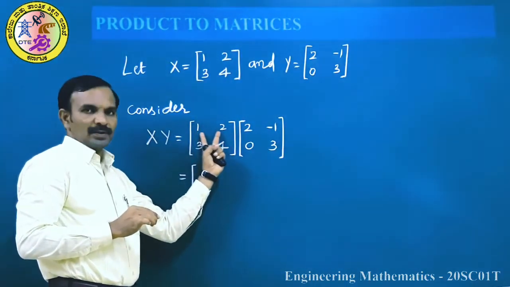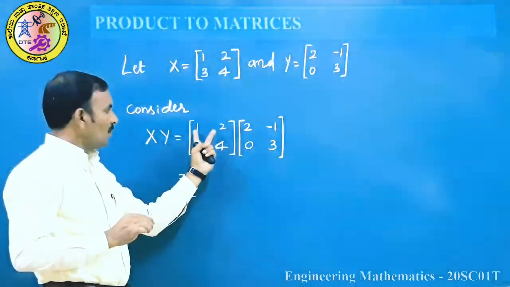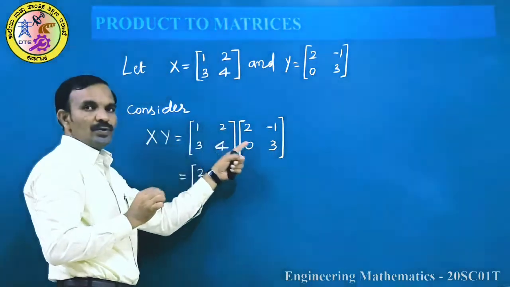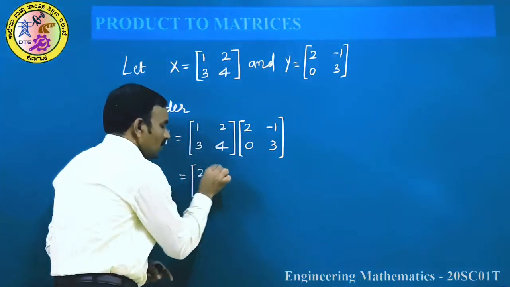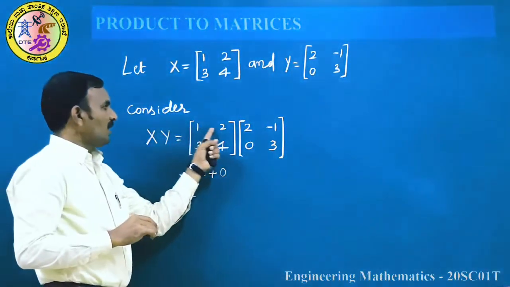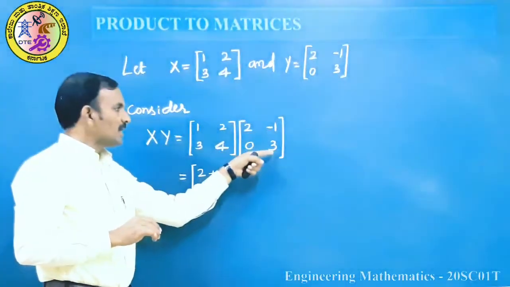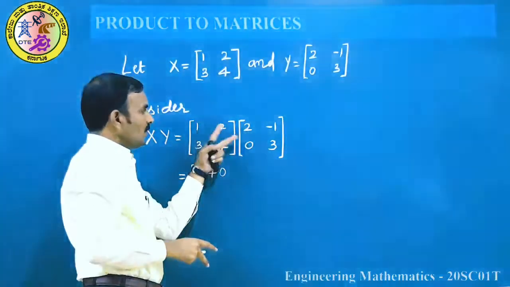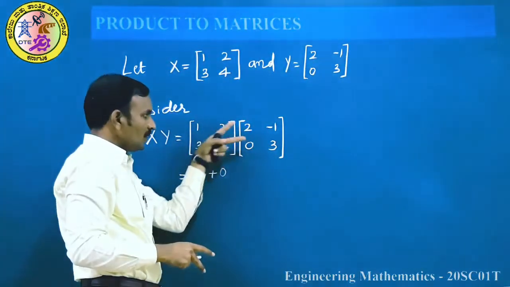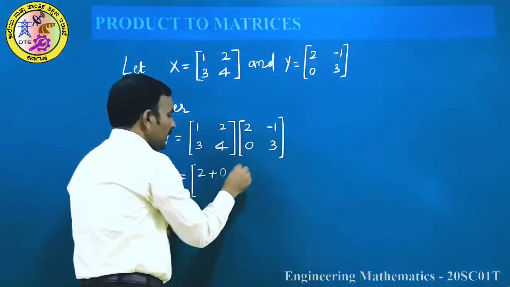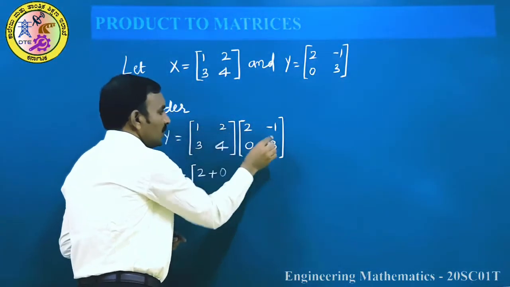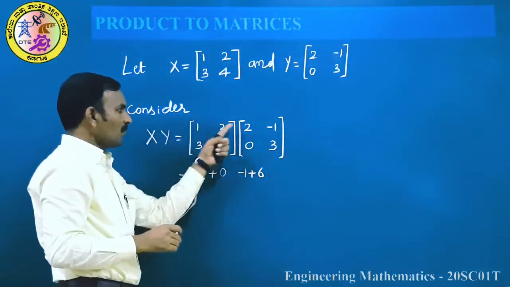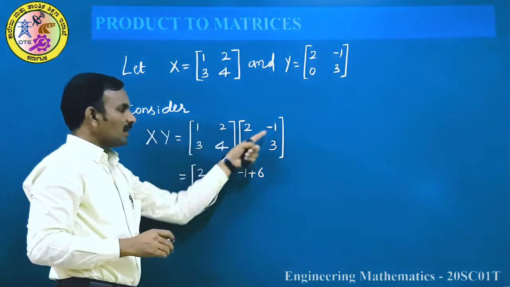The first row is 1, 2 and the first column is 2, 0. 1 into 2 is 2, 2 into 0 is 0, that is 2 plus 0. First row, second column: 1, 2 with -1, 3. 1 into -1 is -1, 2 into 3 is 6, that is plus 6. First row, first column is over, first row, second column is over.